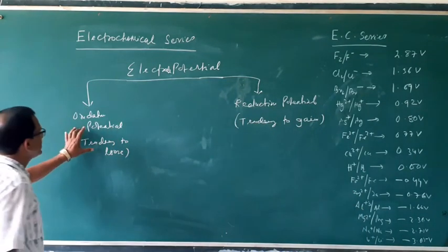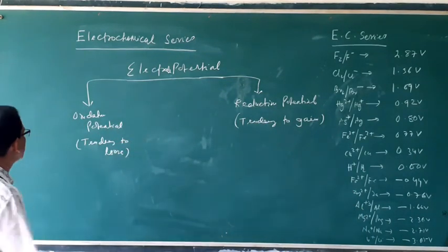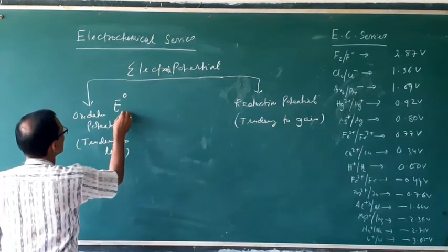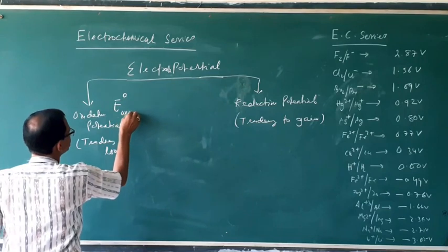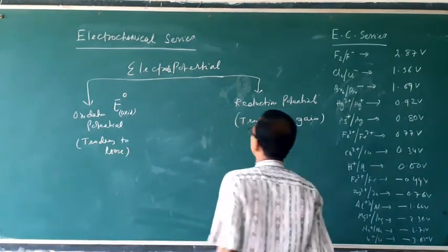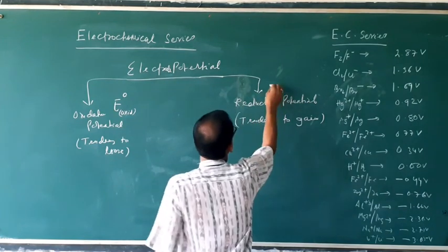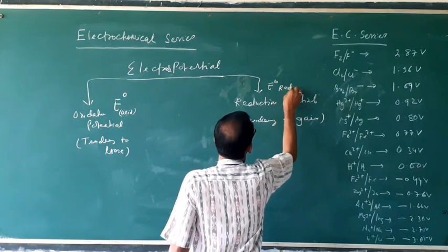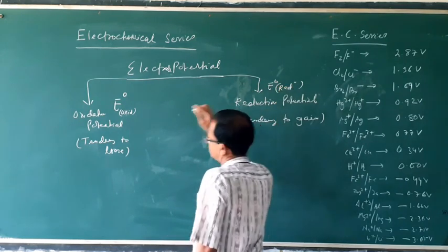And these oxidation potential and reduction potential are generally expressed as E naught oxidation and E naught reduction.